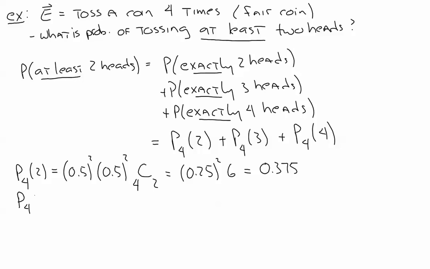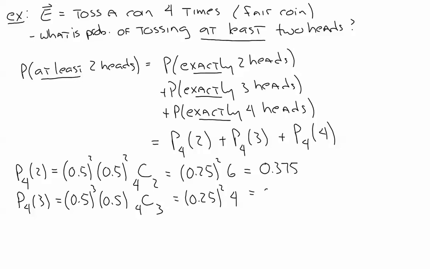The probability of tossing my coin 4 times and getting exactly 3 heads is 0.5 cubed times 0.5 times the combination of 4 things taken 3 at a time. And that is 25%.